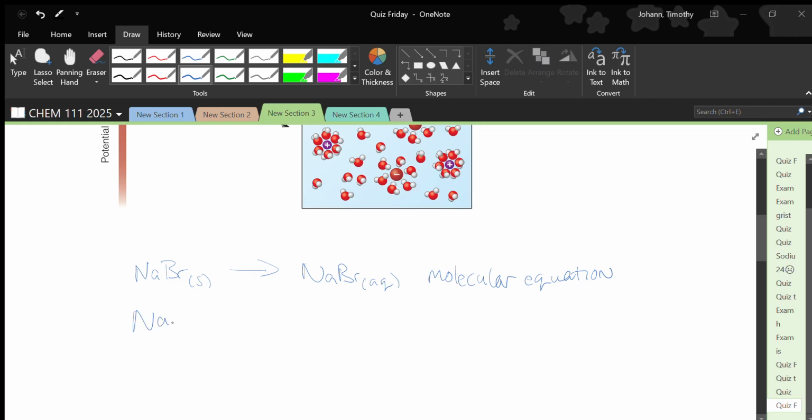Or another way of expressing the same thing would be that those sodiums break away. So we make aqueous sodium ions and we make aqueous bromide ions. And then this is going to be the ionic equation.